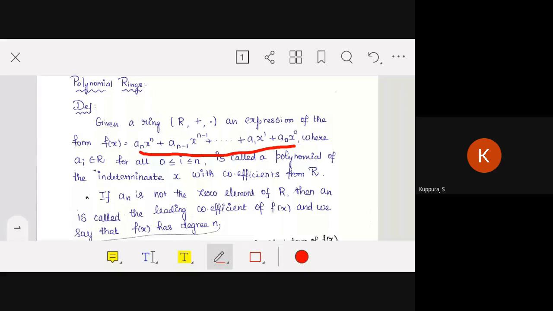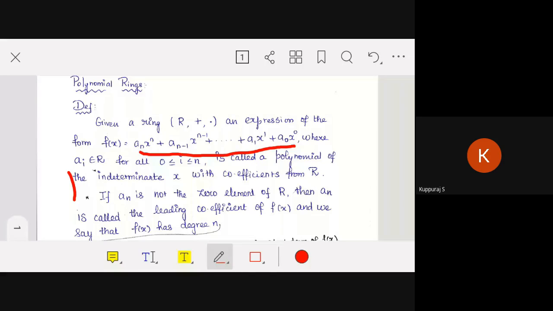So we take one polynomial. In that polynomial, the coefficients of the variables all belong to the ring, then it is called a polynomial ring. So that is the first part. Given a ring R, plus, dot, under addition and multiplication, we take one ring. In that, we define one polynomial.